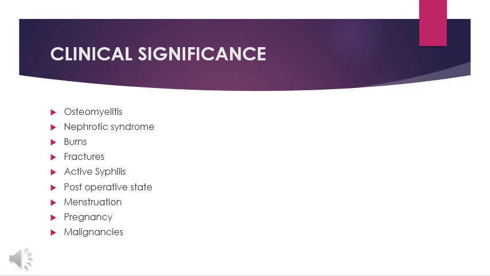Osteomyelitis, bone inflammation, nephrotic syndrome, the kidney syndrome, burns. In burns, you can have increased ESR. Fractures, active syphilis, which is an infection. Post-operative states, after many operations there is some inflammation, and also menstruation, pregnancy, malignancies. In these conditions, ESR can be raised.